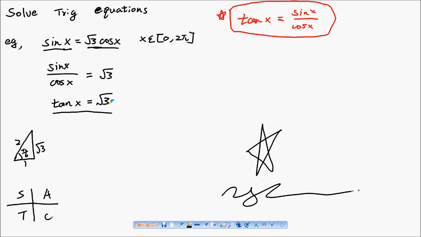The value is positive, so I will have my answer there and my answer there. So x is going to be pi on 3 and 4 pi on 3.